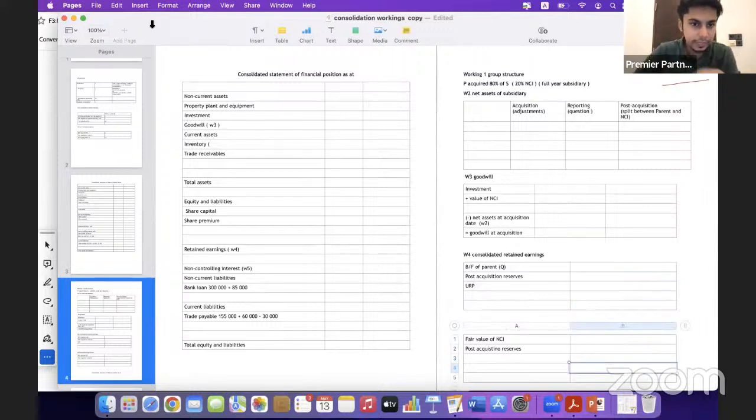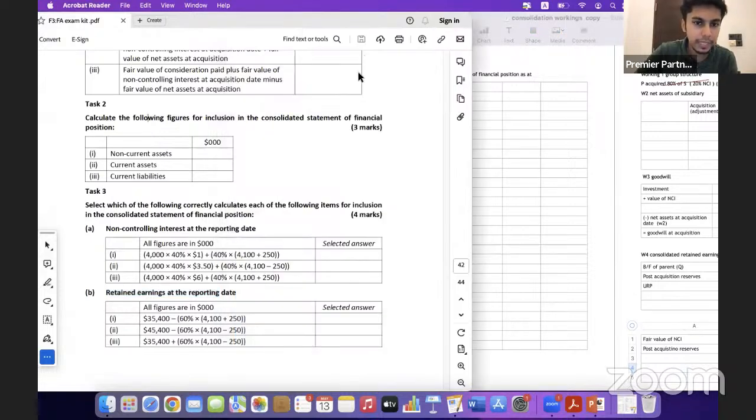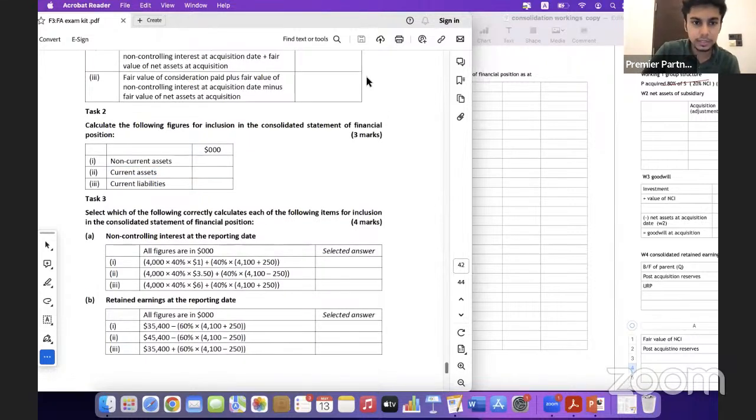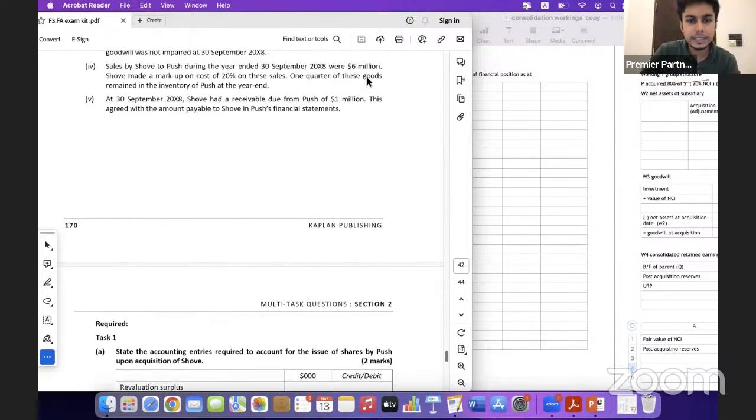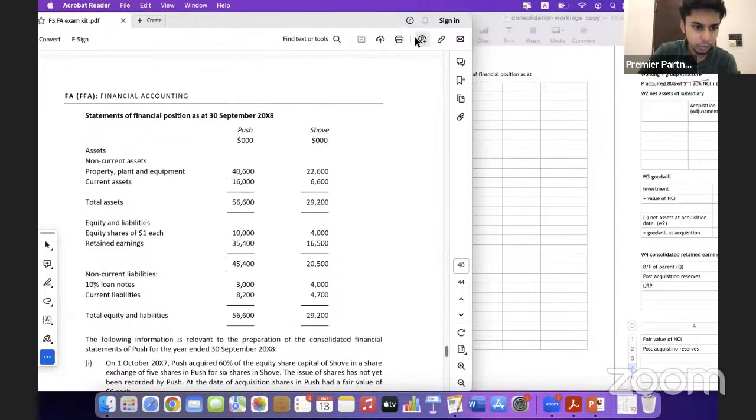So guys, now you understand, right? So once I go through the requirement, they're asking non-current assets, current assets, current liabilities. Now, normally, guys, assets and liabilities, how do we normally deal with the consolidation? Normally assets and liabilities are dealt this way. So normally if it's assets or liabilities, what do we do, guys? Parent plus subsidiary.